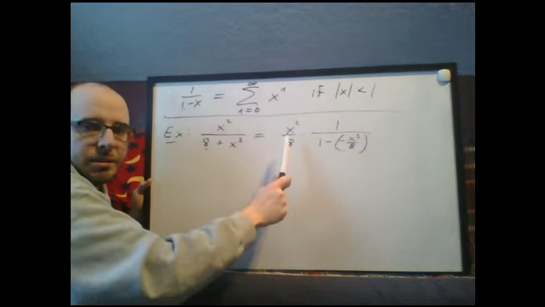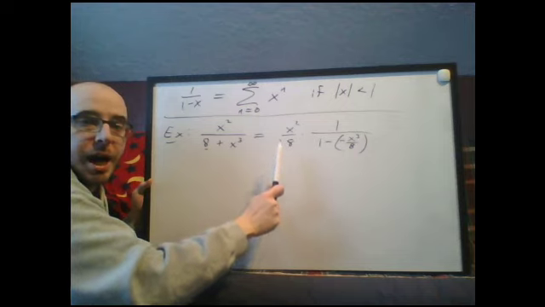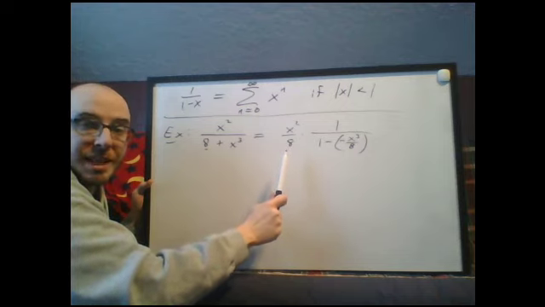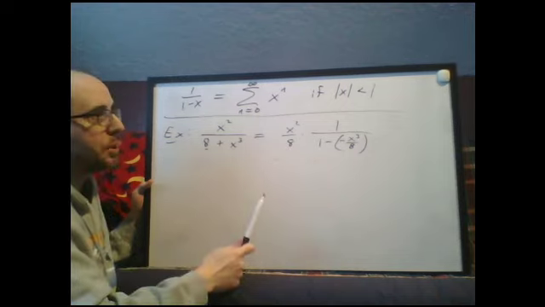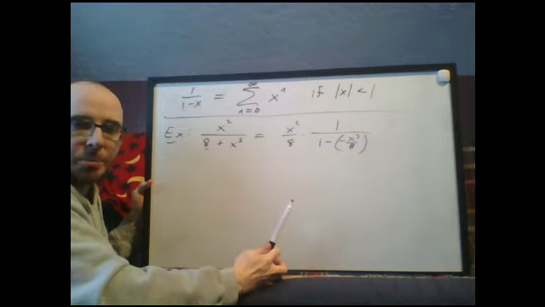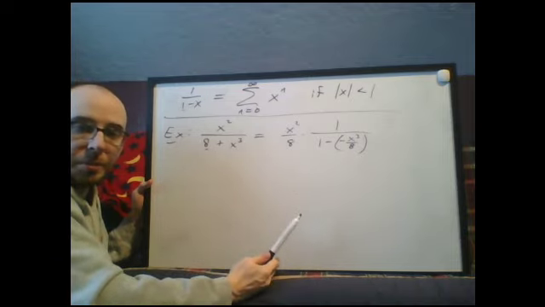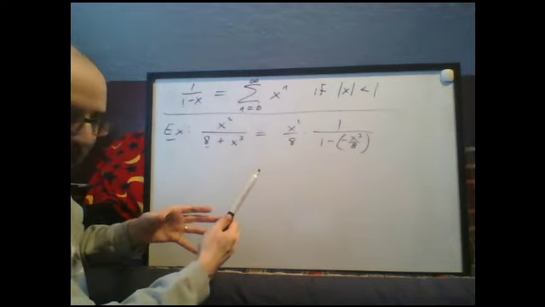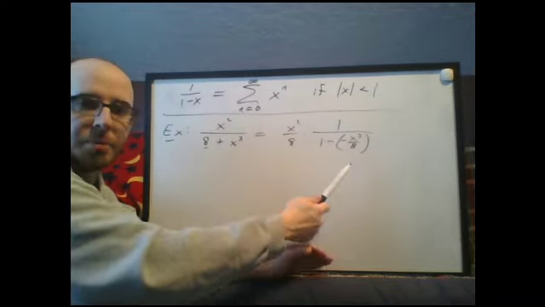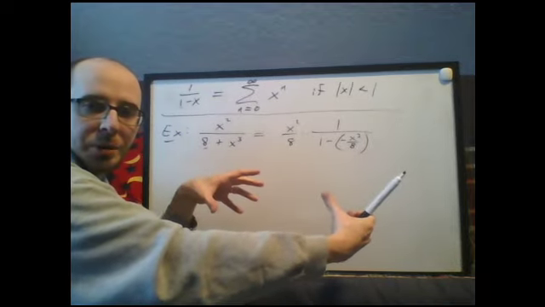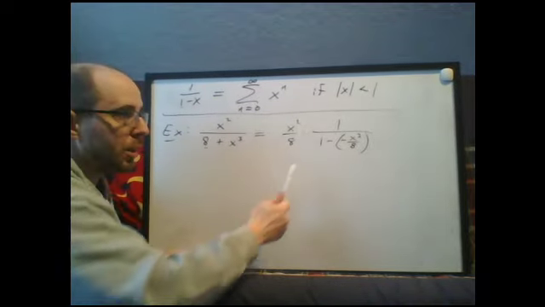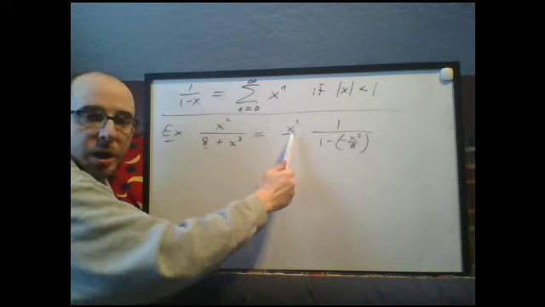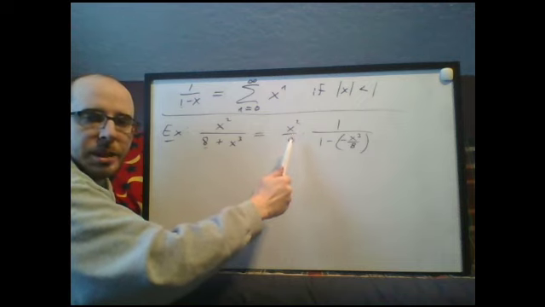Now the x squared over 8, I don't have to worry about that really, because that's already a polynomial. I don't care about making a power series representation for a polynomial thing. The point of making a power series representation is to write a more complicated type of function as an infinite polynomial. If it's already a polynomial, like x squared is, it doesn't need to be written as a power series.